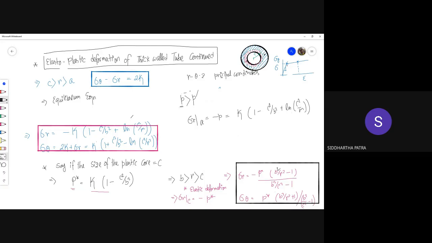Sorry, the R must be replaced with A, right? So if you know the inner radius and the outer radius, and if you know the size of the plastic core, then you can figure out P, the pressure required to cause that size of the plastic core.